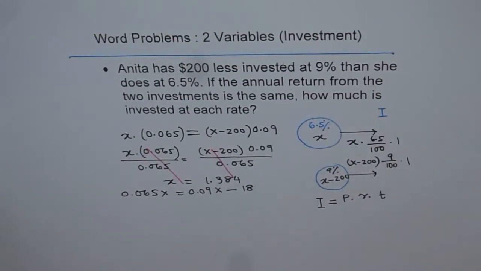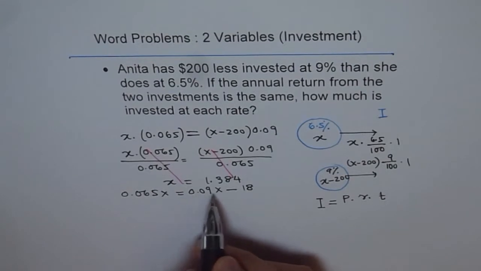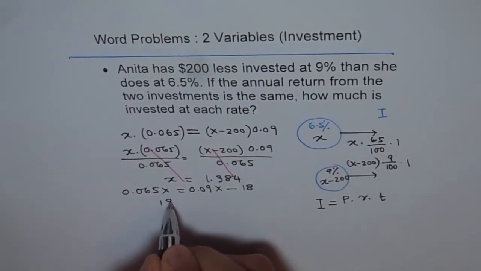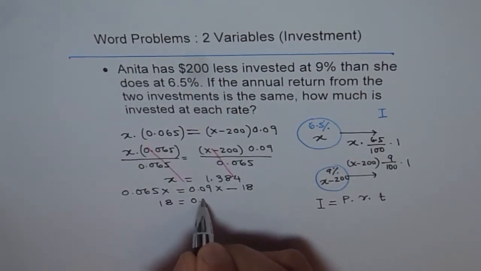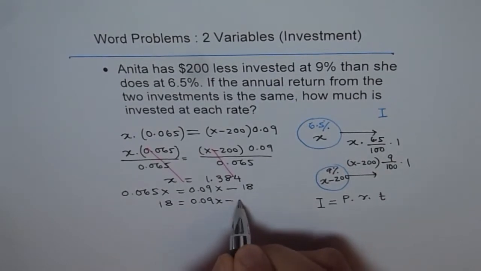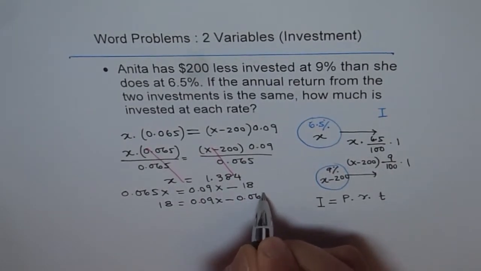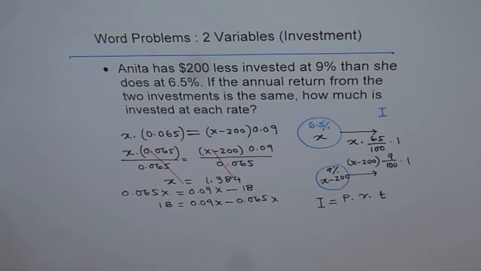It is recommended to use a calculator for these calculations. Now I'll bring the terms together, so we get 18 equals 0.09x minus 0.065x. So 0.09 minus 0.065 is equal to 0.025.